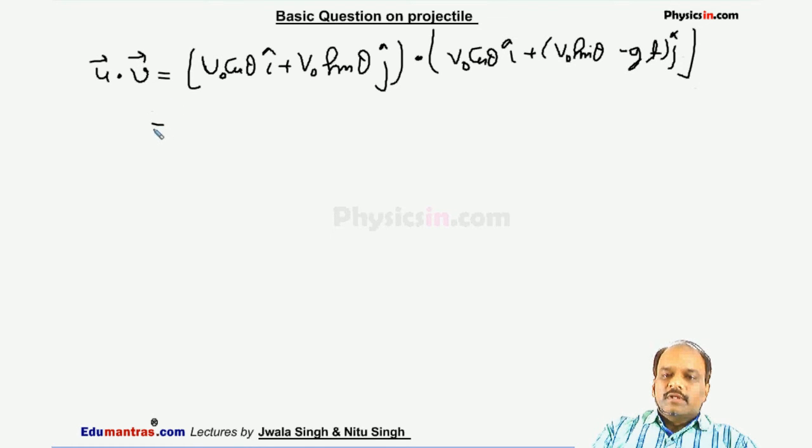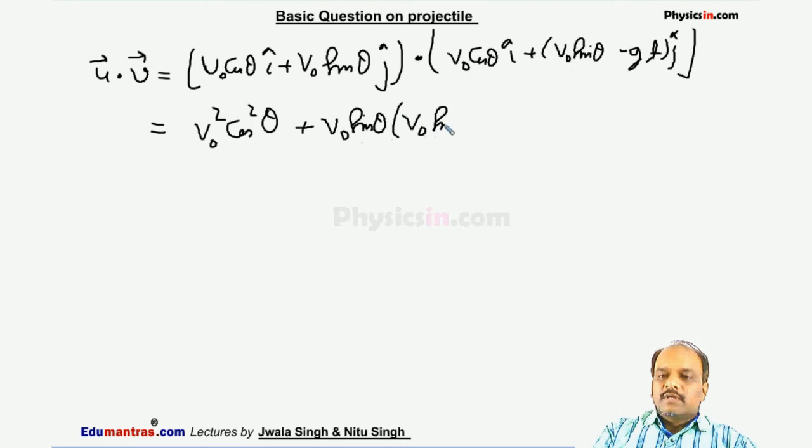If we take the dot product, it will give me v naught square cos square theta plus v naught sin theta into v naught sin theta minus g into t, that is equal to 0.